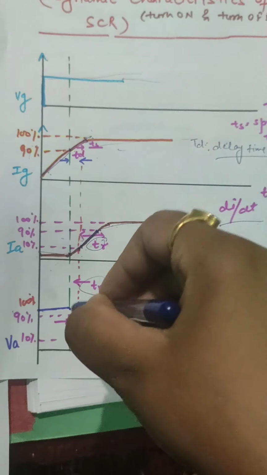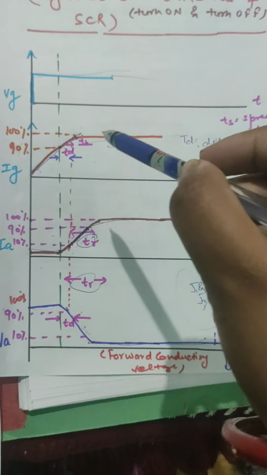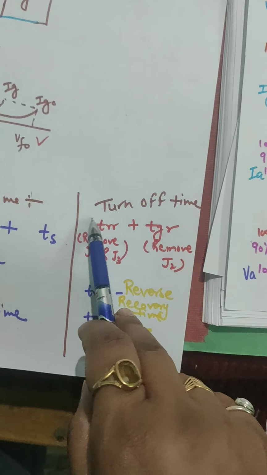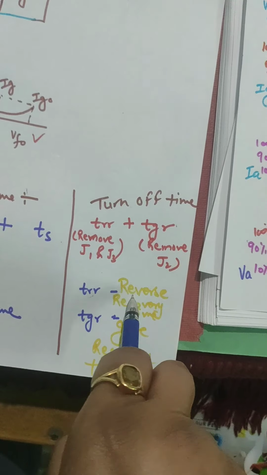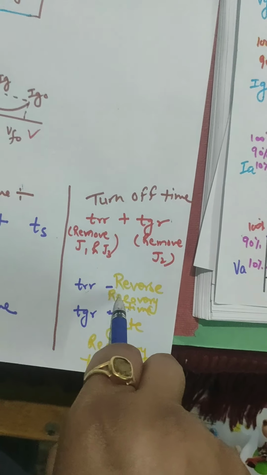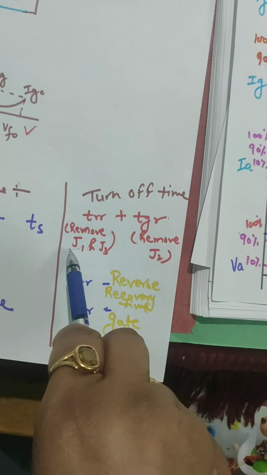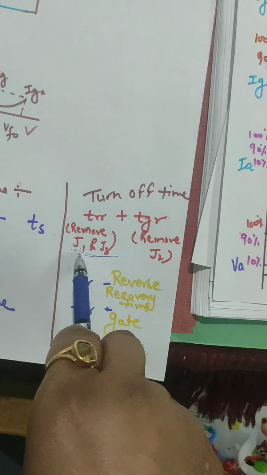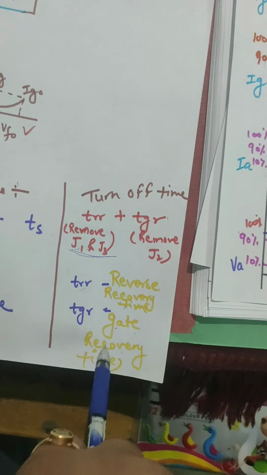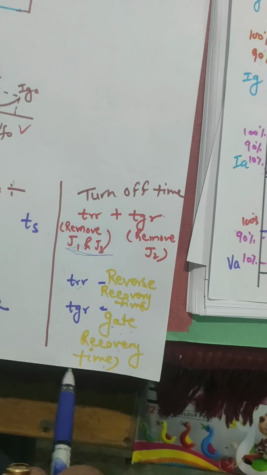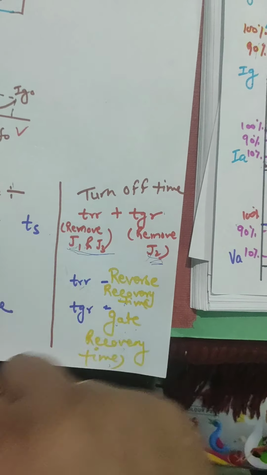So this is the turn on method, and the turn off method is a combination of TRR and TGR. TRR is reverse recovery time, when we remove junctions J1 and J3. TGR is gate recovery time, when we remove junction J2.